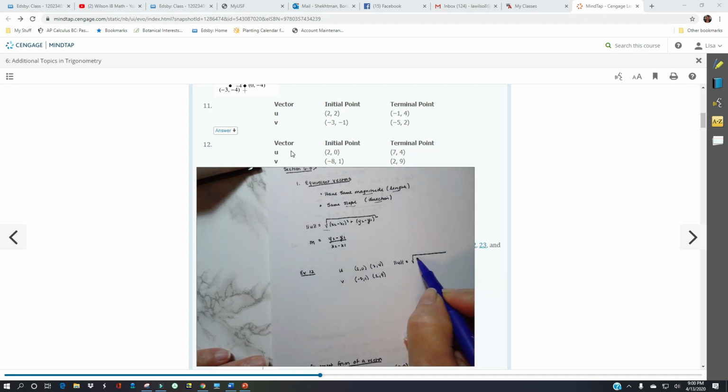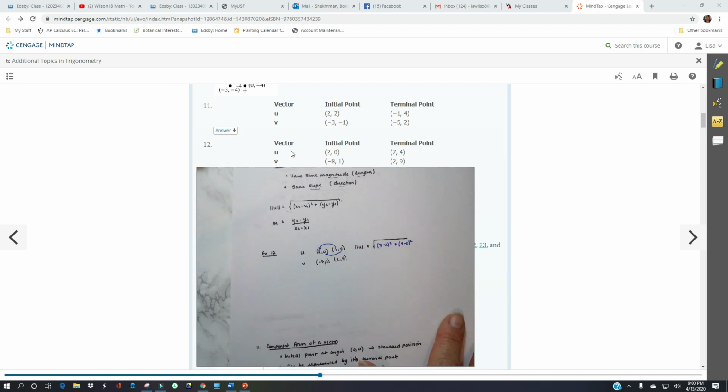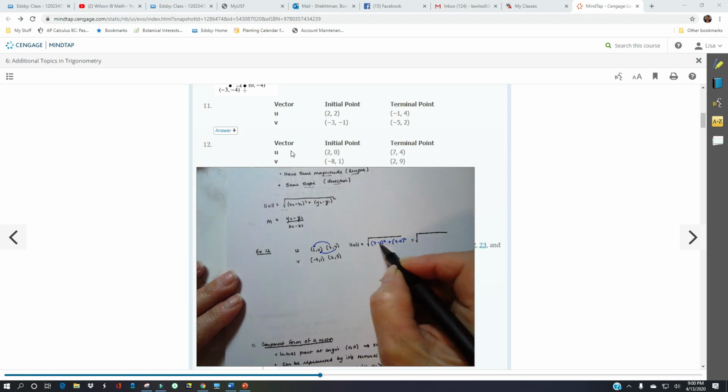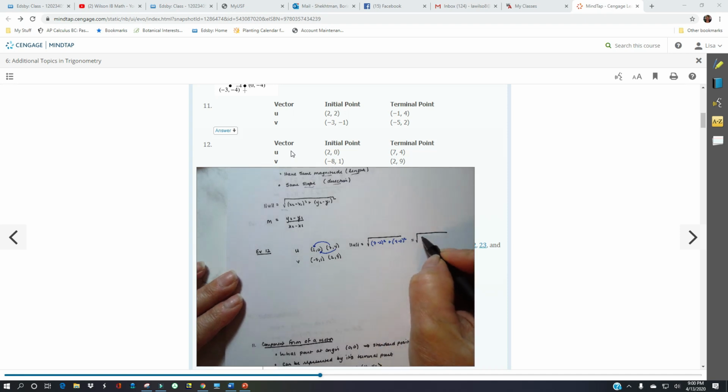So you can do 7 minus 2 squared plus, and then the difference in the y's, 4 minus 0 squared. You have to maintain the same direction, right? And so, cleaning that up underneath, we've got 7 minus 2 is 5 squared, plus 4 minus 0 is 4 squared.